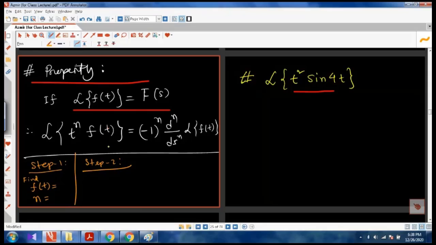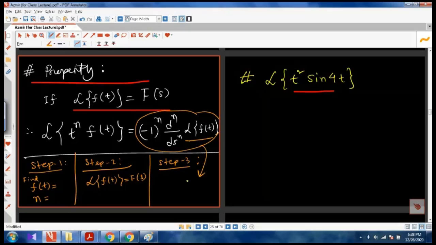In step 2, we have to solve the Laplace transformation of f of t, and it will be obviously F of s. And finally, in step 3, we have to use this technique. Once we have F of s, then we have to differentiate. And here, all the formulas of math 110 are coming, because math 110 deals with differential calculus.